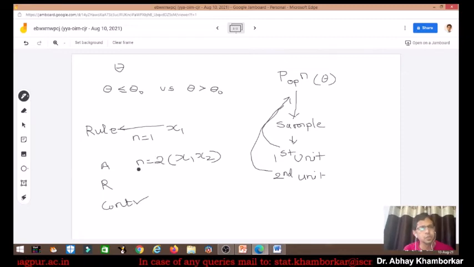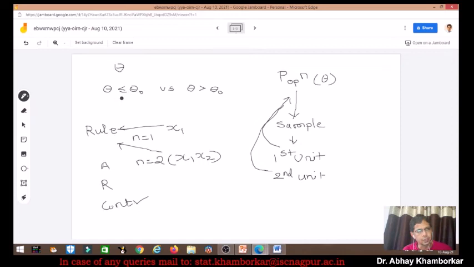Sample size is 2. Now again this rule will be used to check whether we can accept this hypothesis, we can reject this hypothesis, or we should continue the sampling procedure. So this procedure will keep going, right? That means if again the rule states that we should continue, we will draw another sample.